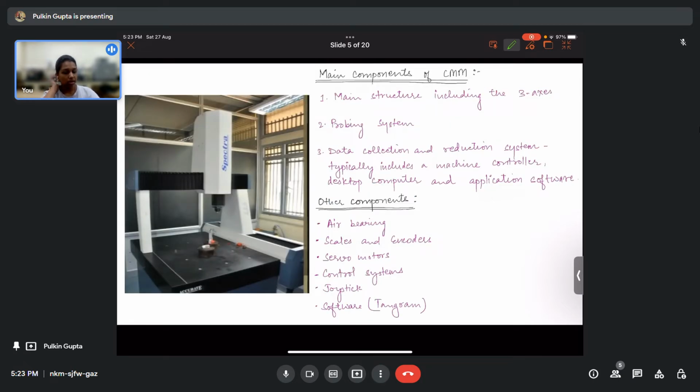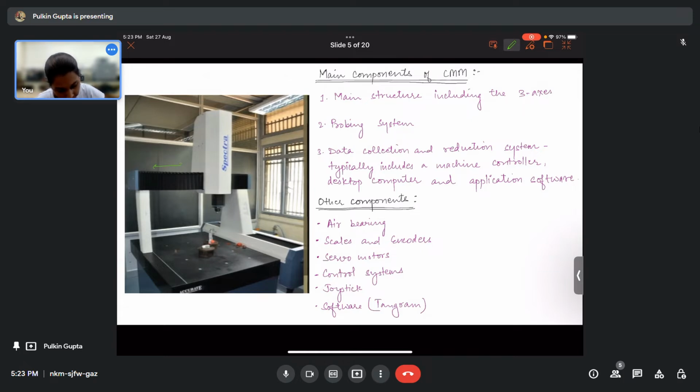Now, this is the coordinate measuring machine that was introduced during the laboratory demonstration in the week's content. First, let us go through the main components of this. So, first is the main structure, which includes the different axes.